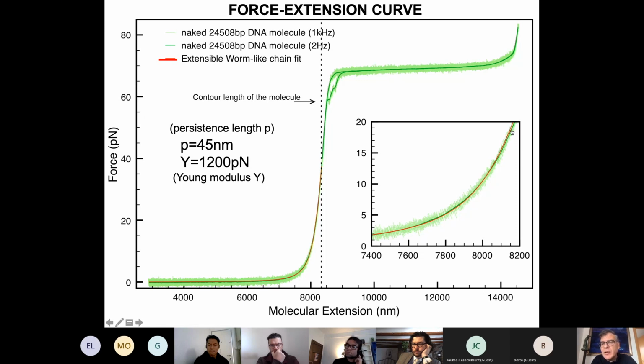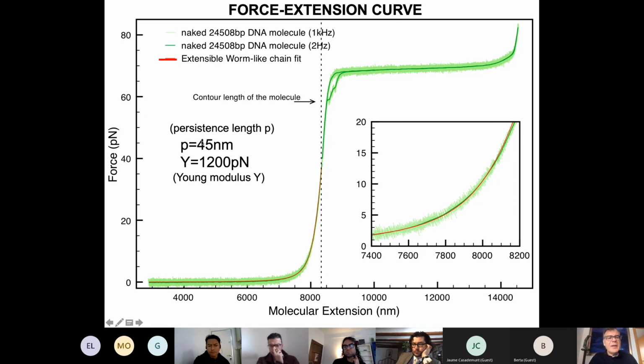If we filter the signal to 2 hertz, then you get this green line, which is continuous, which is perfectly fitted by theory. So the theory, the red, fits the green perfectly, especially in this regime where you have entropic elasticity.